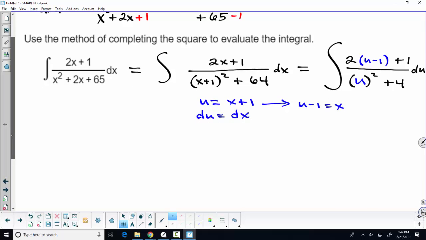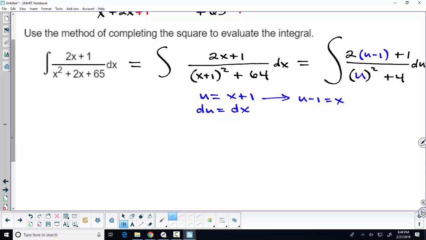So I guess if it's better, it's a relative term. You need to put 64 up already? Oh yeah, 64. Thank you. u squared plus 64 at the bottom. So on top you've got 2u minus 2 plus 1.